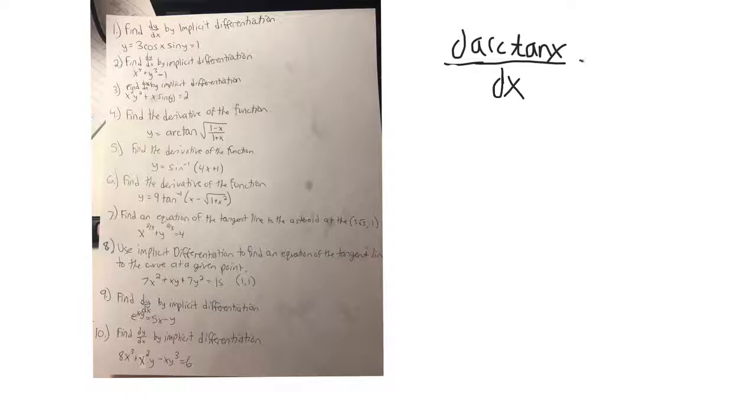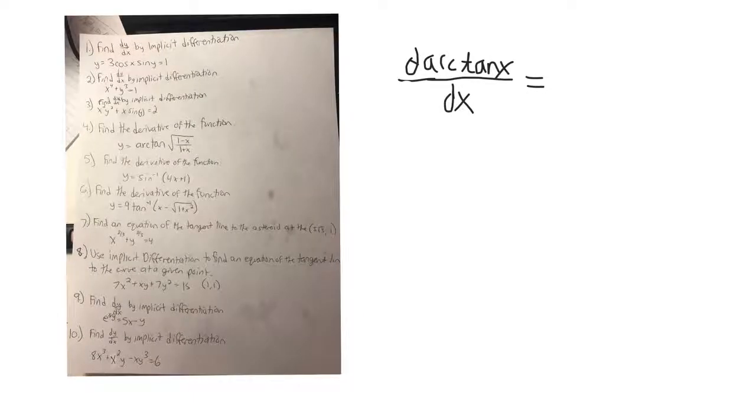Now, this equals something. I'm going to tell you what that is, but let's get clear on the notation. This d is like the derivative of this with respect to x. For my student at home, this used to be the derivative of y with respect to x. Well, now it's the derivative of arctan with respect to x.